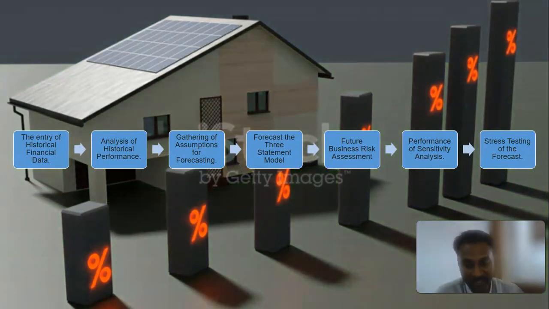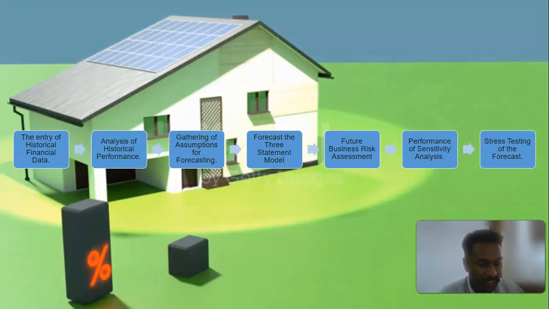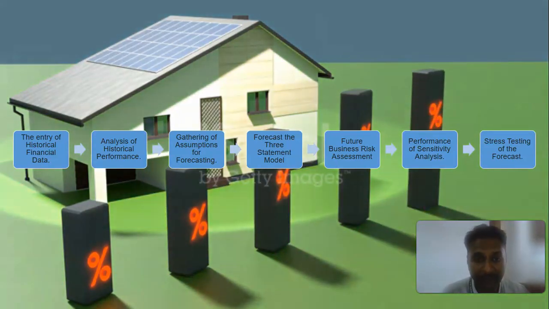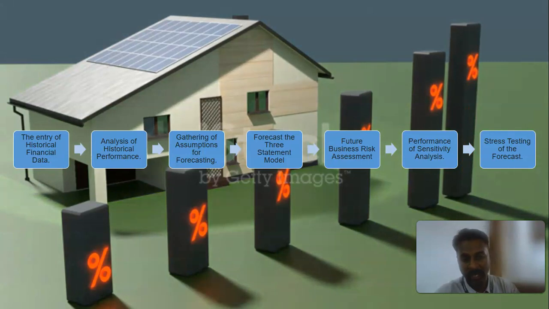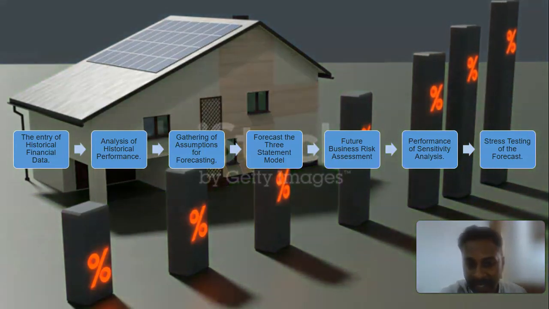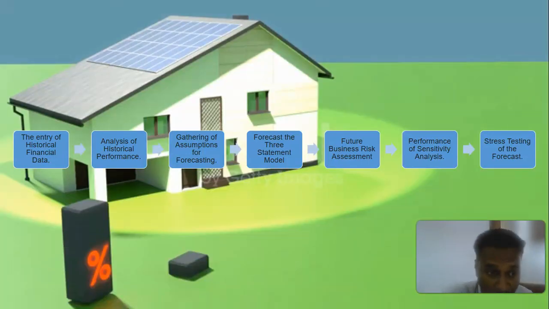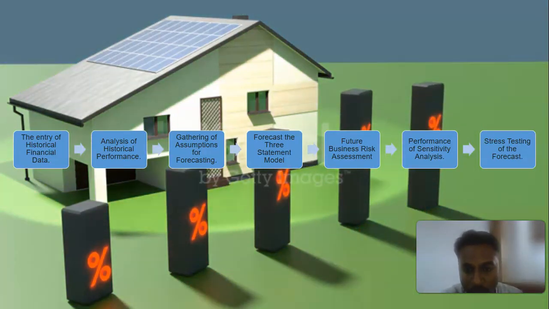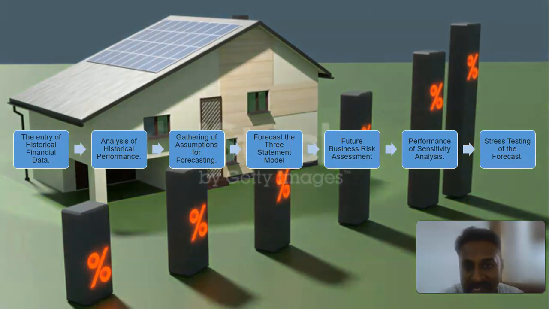So how do we begin this model building? The first one is historical data. As I told you already, in a financial model your data plays a vital role, and the quantum of data can give you more accurate results on your input. So we need to consider a large quantum of data across various timelines.